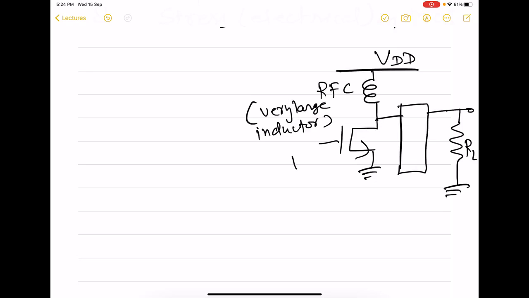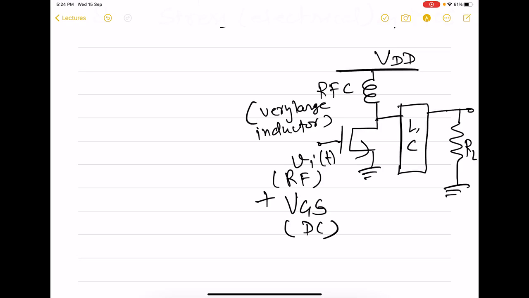And then we will have here the RF input, which will, of course, be time dependent. And then there will be a certain DC voltage, which will be used to bias the gate. That means the transistor remains in the conduction mode for a suitable duration of the input cycle. And then we have here a network of L and C. The purpose of this, you will see, is to filter out undesired harmonics.